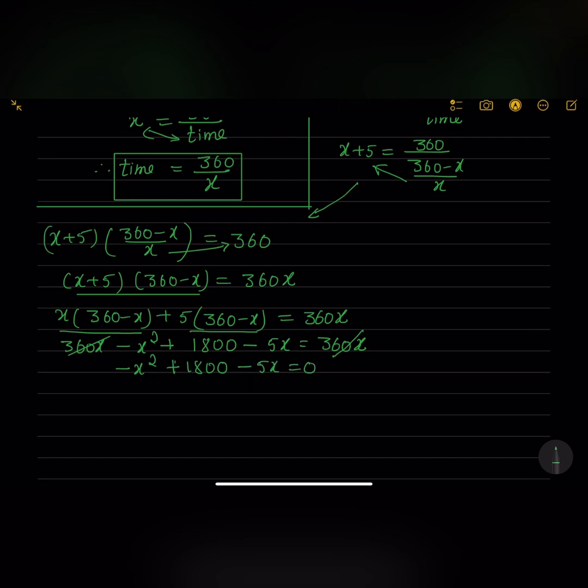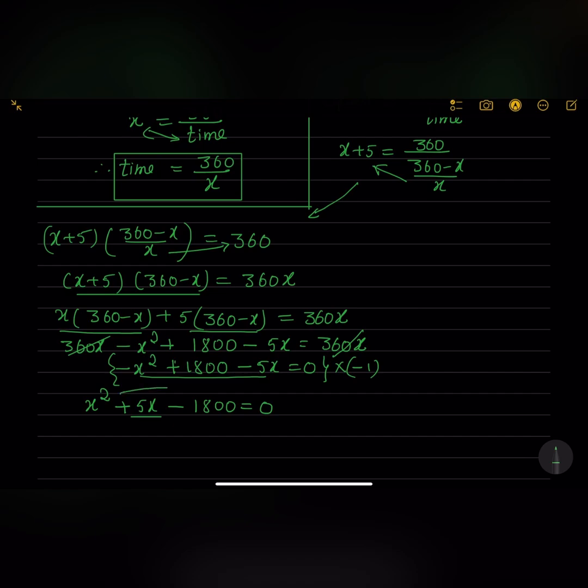We can shift this to the right side, or we can multiply this with minus 1 so that it becomes easy for us to calculate. It is x square plus 5x minus 1800 is equal to 0. We can split the middle term and find out, or else we can use the quadratic formula.